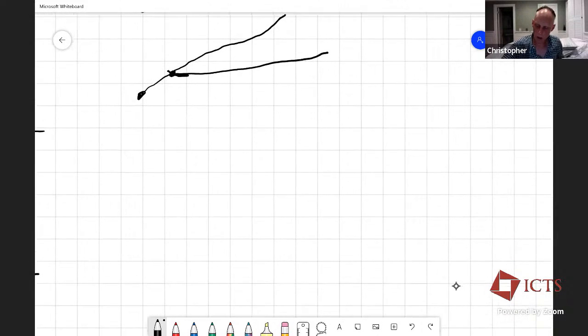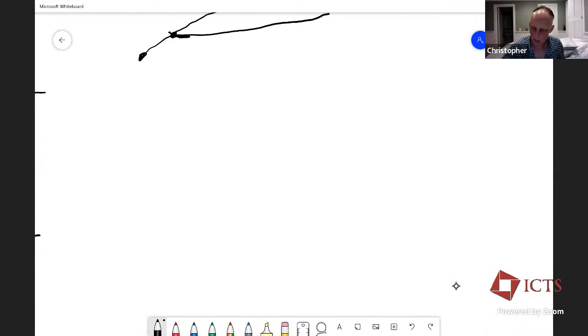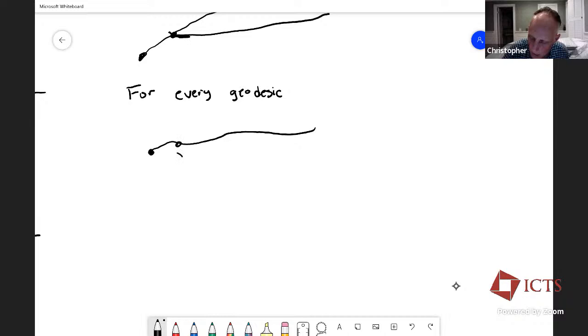So what do we know about geodesics? For every geodesic, I take a point here and I get a geodesic, x1, x2, x3, and so on.